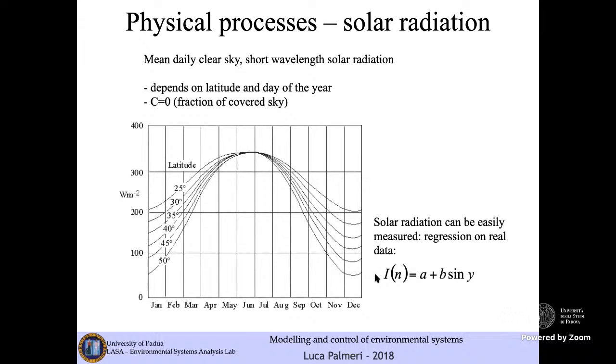So the intensity of light arriving on day n in a certain place of the Earth is equal to A plus B times sine epsilon, where epsilon, I recall, is the yearly angle, but is a function of the day n, where n equal 1 corresponds to the 1st of March, and A and B are the parameters you may employ to calibrate these irradiation functions depending on the place, so depending on the latitude at which you are modeling the incident radiation on the surface of the planet.